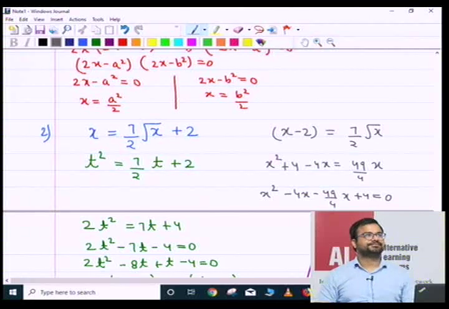This will work. So make sure that when you are squaring, it can be solved, but you must square in such a way that the root part will be removed. If we square it like the original one, the root will be there, but if you take 2 on the left hand side and then square, it will get removed. You can work in this way, correct?